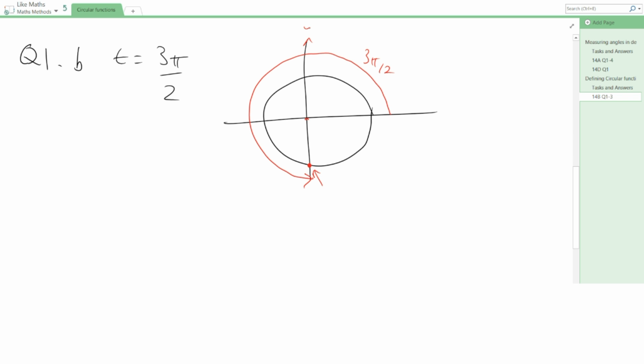So that's y and x. Then down here, y is going to be -1 and x is going to be 0. And we know that x is equal to the cosine of the angle, and y is equal to the sine of the angle.